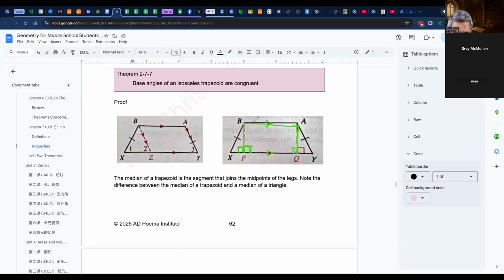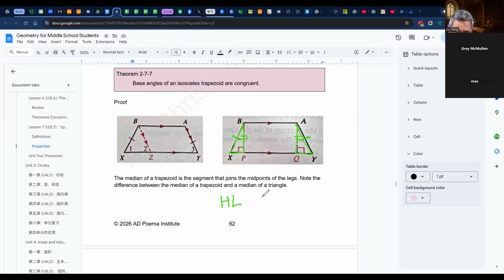So what we got here is a rectangle, which means that if you look at the other side, this is a right triangle, and this is also a right triangle. So we can see that this side, which is the hypotenuse, and those two legs are congruent. So that's the hypotenuse leg theorem.